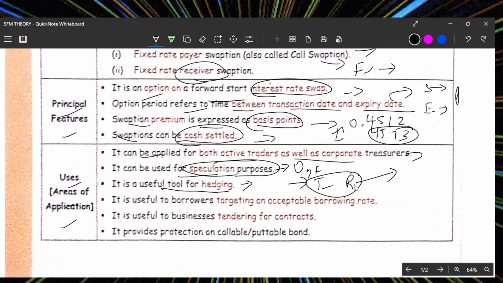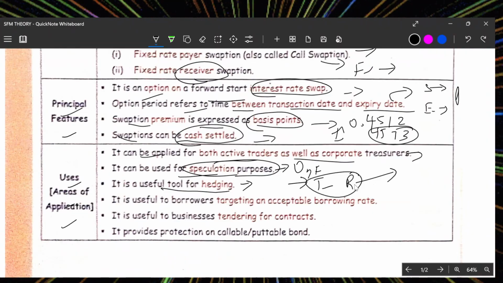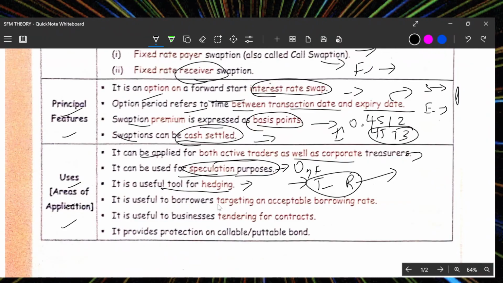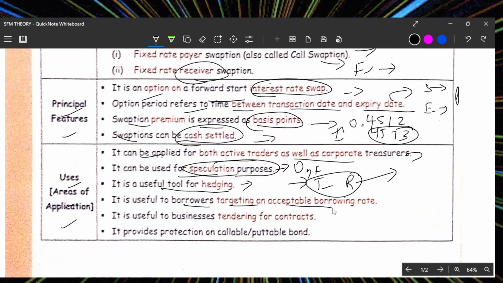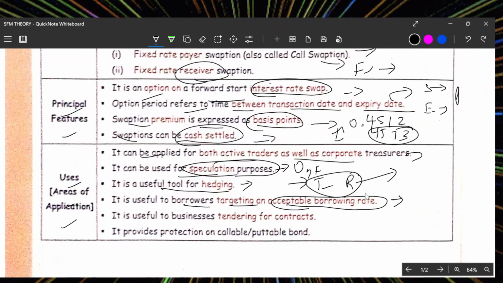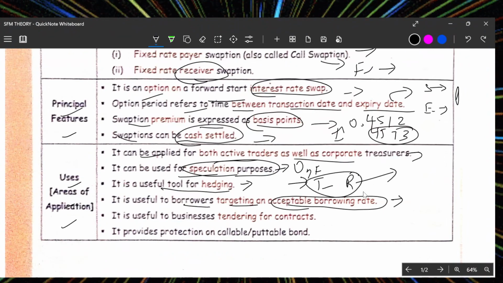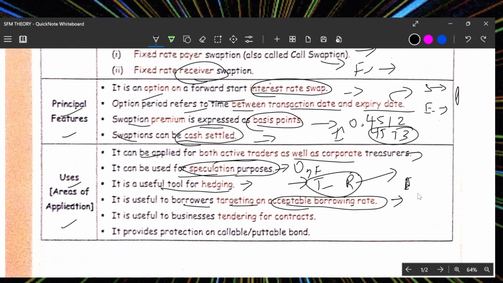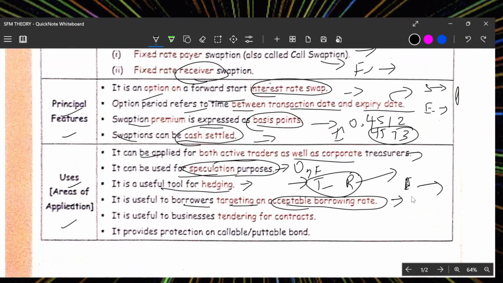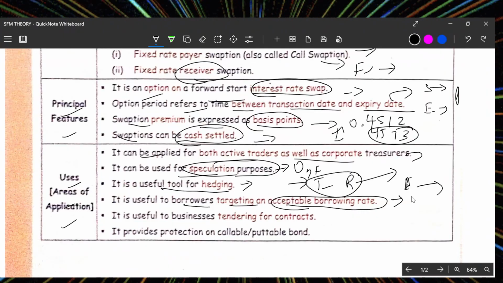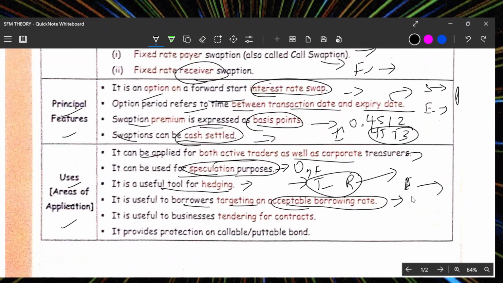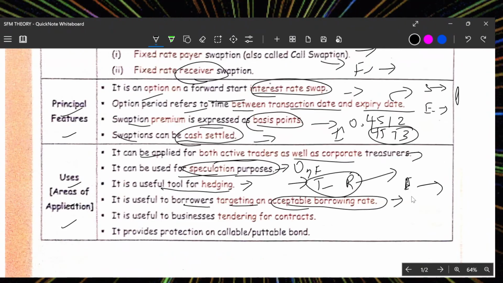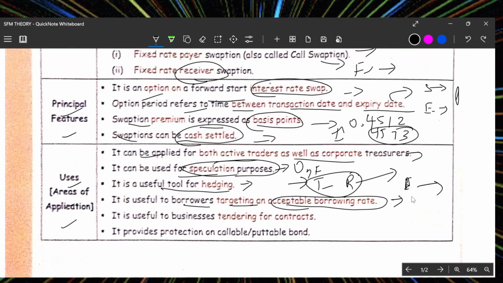So usually banks hedge their interest because they think they will receive a good amount, so they want to transfer this risk. It is useful for borrowers to target an acceptable borrowing rate. They may think the borrowing rate may be high or low, so they have some excess money in their account when doing business. For example, they got a loan, not a floating loan, and they want to pay an EMI on the term loan they got, but they have money in their account and are not willing to go for a fixed deposit.